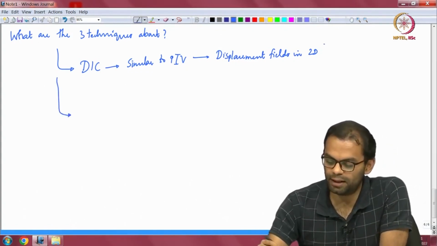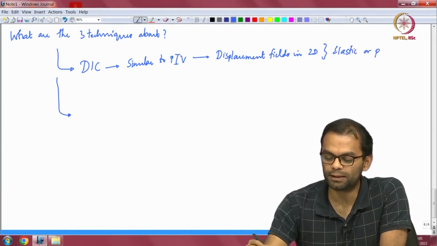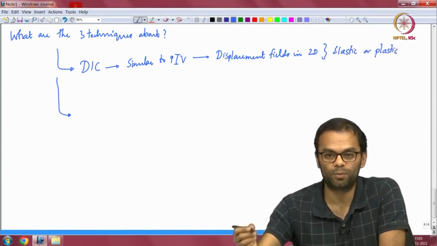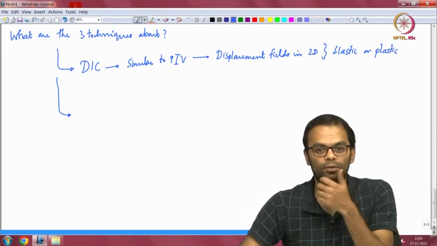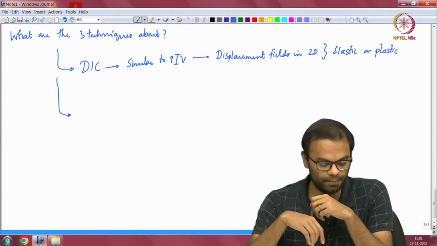And again, here it does not matter, it can be either elastic or plastic, it does not matter which displacement field you are talking about or what the state of stress is, whether it is below the yield strength, above, and so on.